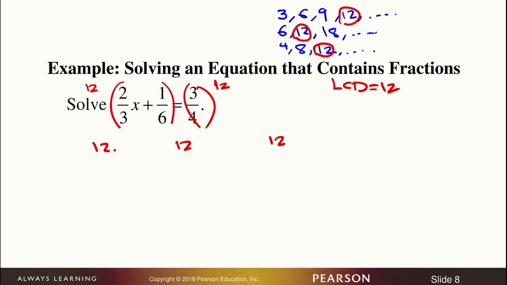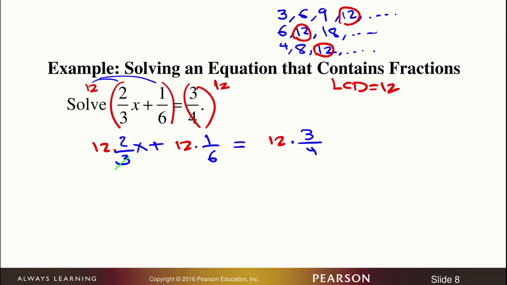So we're going to get 12 times 2/3 x plus 12 times 1/6 equals 12 times 3/4. Okay? Notice that we're just multiplying both sides by the LCD, and upon distribution, of course, the 12 will eventually have to be multiplied by each term, right? On both sides.